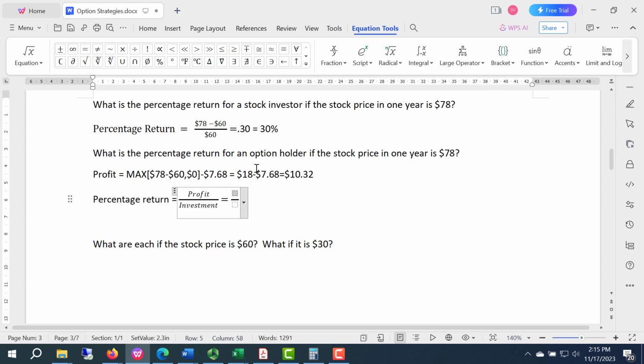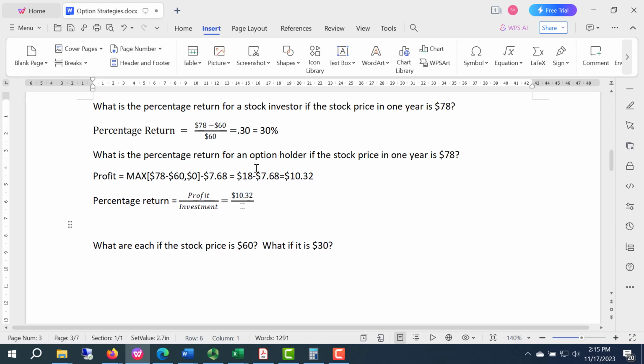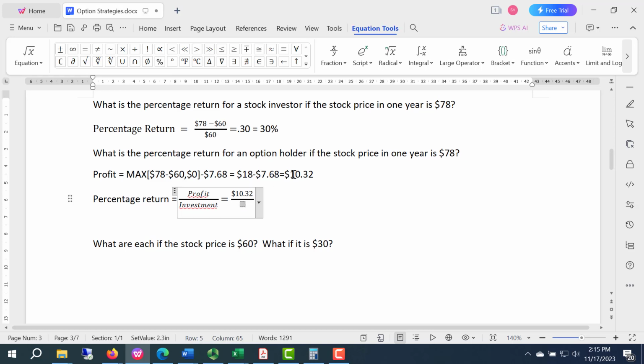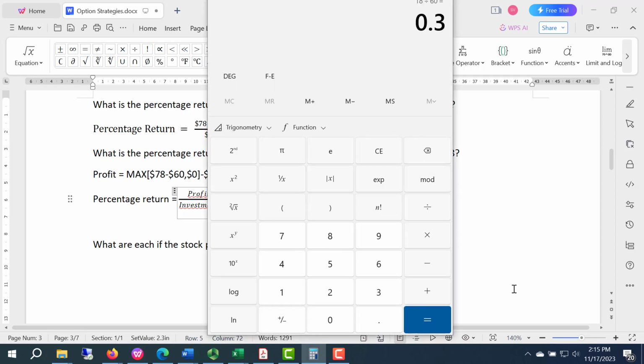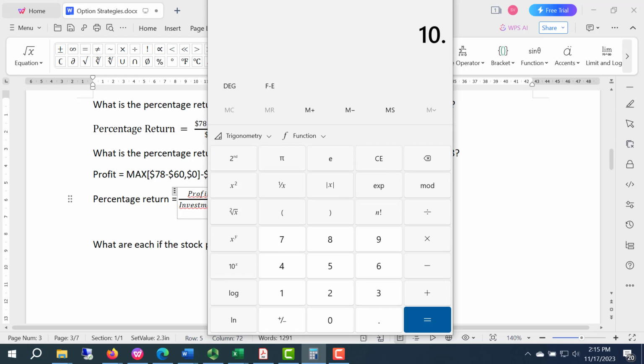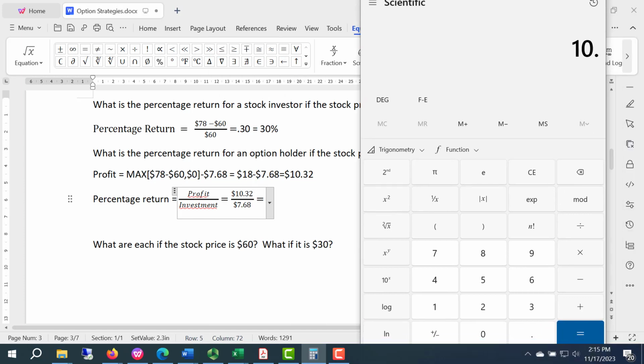So that's our $10.32 divided by our initial investment of $7.68. So we get a return of 134.38%.